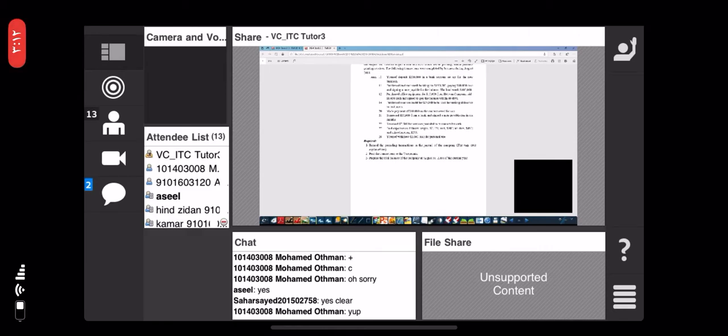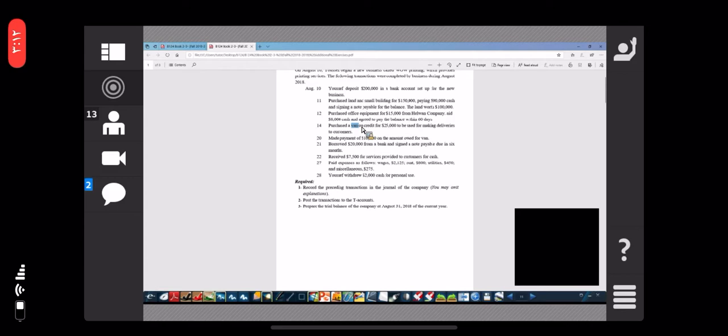14 August, purchases van. He said purchases van. What's the type of payment here? VC, purchases van for delivery. Okay, so purchases van. When he says on account, what does it mean?